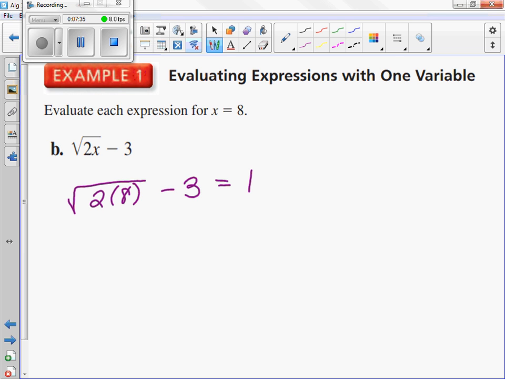And that's it. Now, looking at this mathematically, what we would say is 2 times 8 is 16. What is the square root of 16? Do y'all know? What times itself is 16?